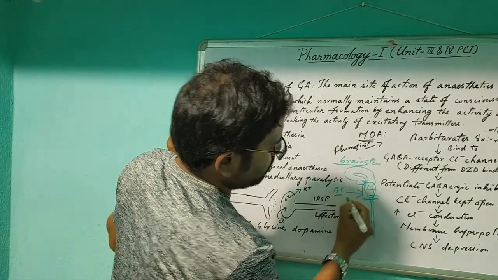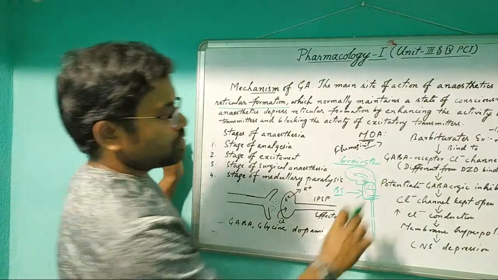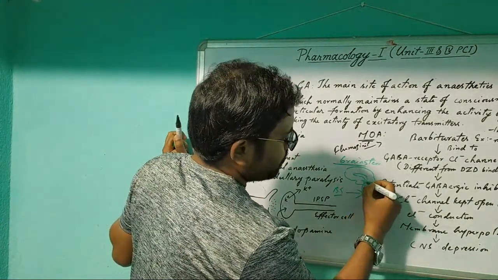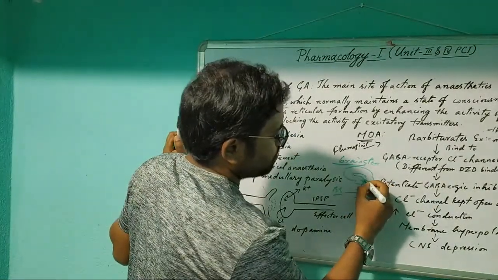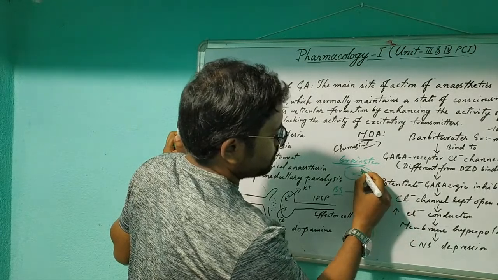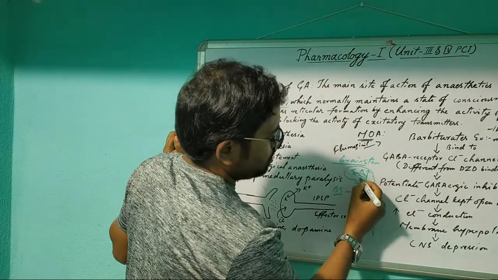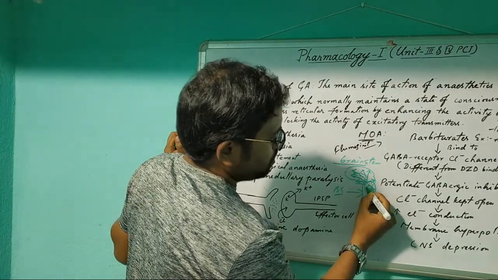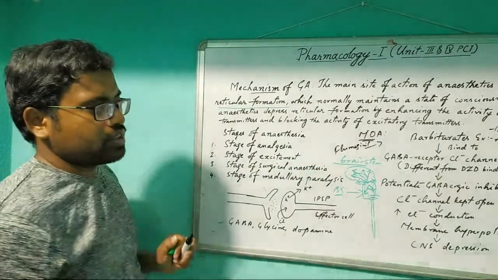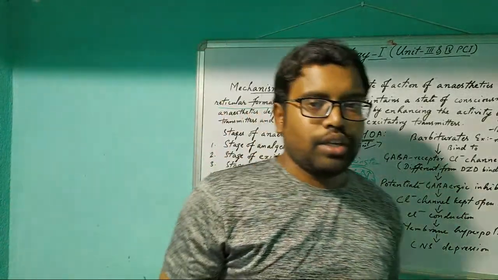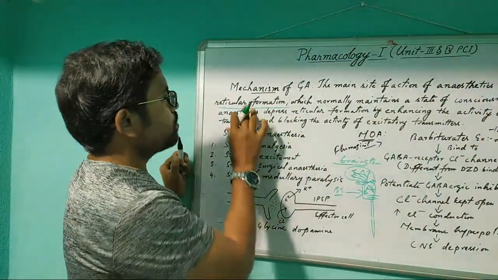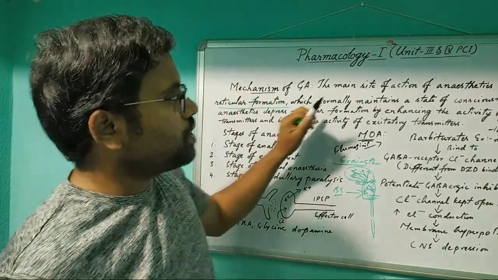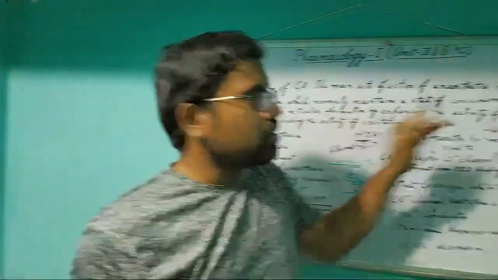In short, I am writing DS here. In this part, in the thalamus and hypothalamus, the reticular formation occurs. It is a network of connected nerves, which normally maintains a state of consciousness.